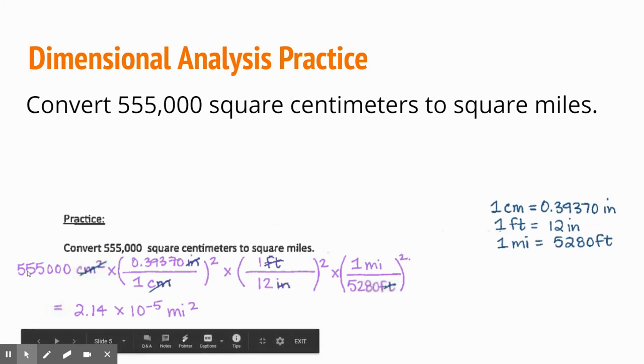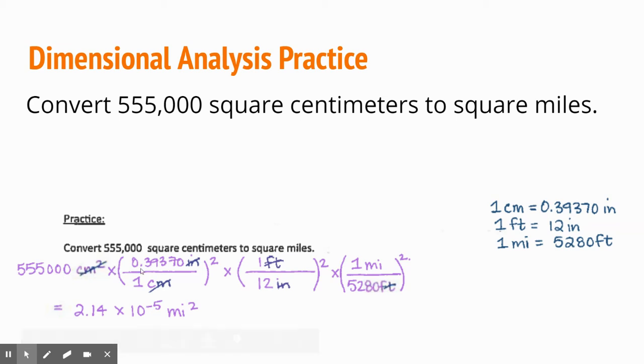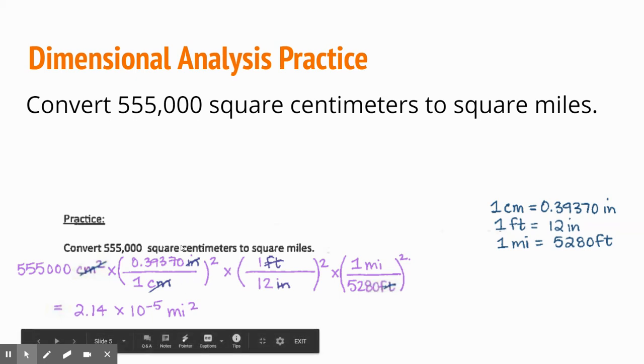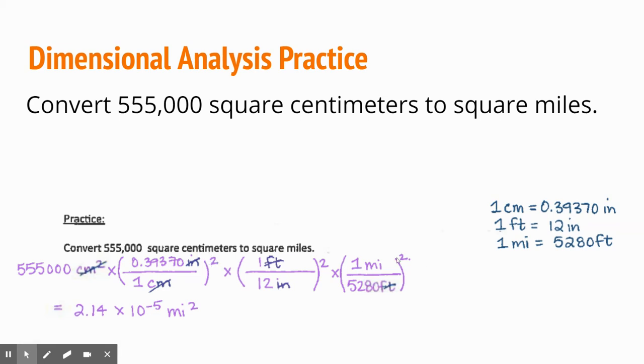So I could just put 555,000 times 0.39370 inches over 1 centimeter, and I would put it 2 times in my procedure. I could do 1 foot over 12 inches 2 times in my procedure. I could do 1 mile over 5,280 feet 2 times in my procedure. Or I could use the square.